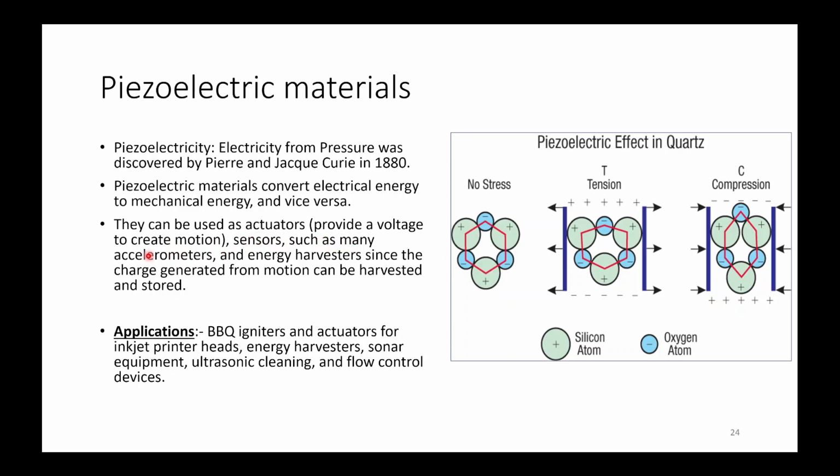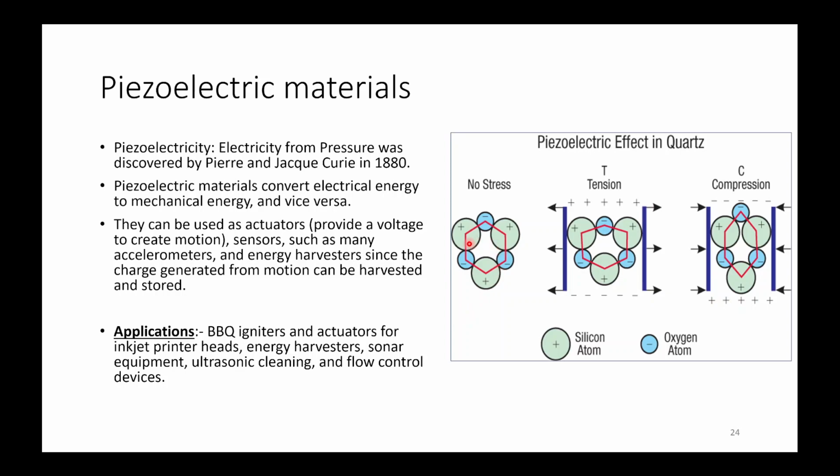Sensors such as many accelerometers, energy harvesters, since the charge generated from motion can be harvested and stored. The applications of piezoelectric materials are in making BBQ igniters and actuators for inkjet printer heads, energy harvesters, sonar equipment, ultrasonic cleaning, and flow control devices.